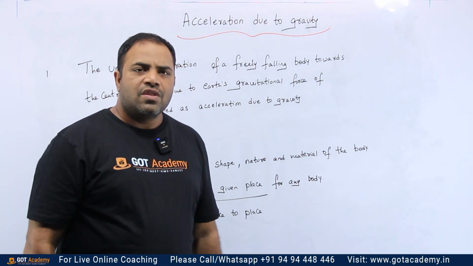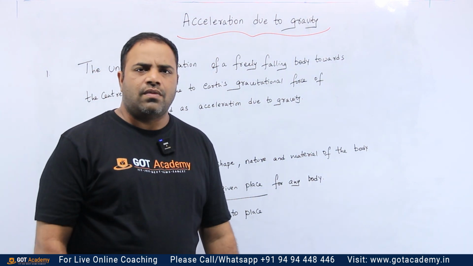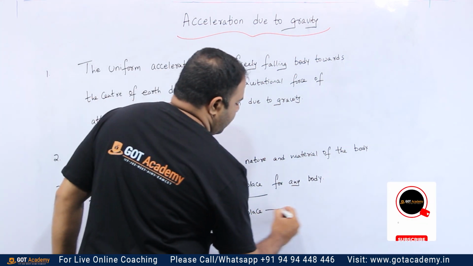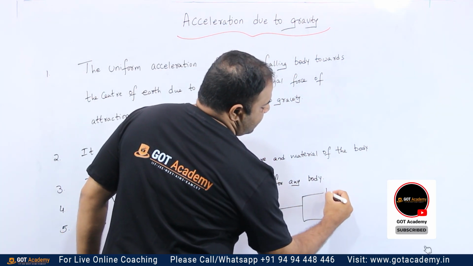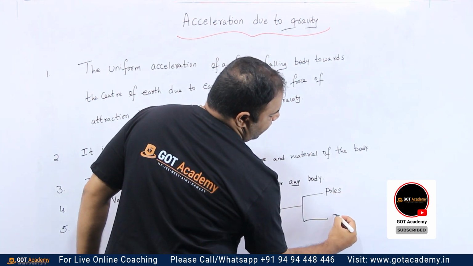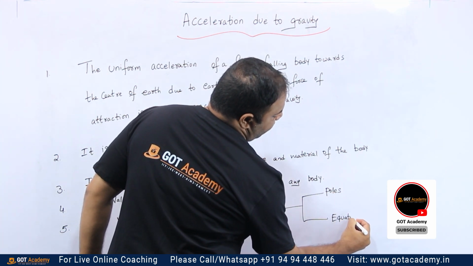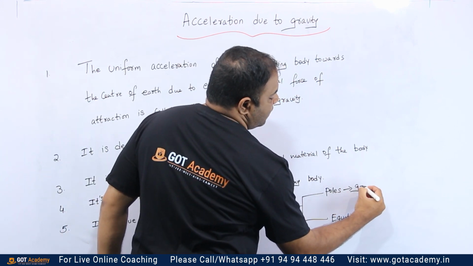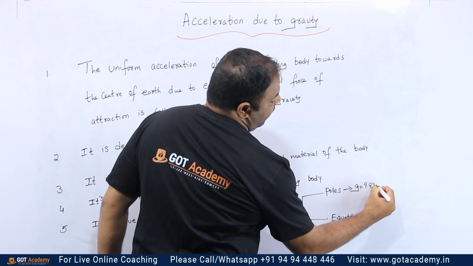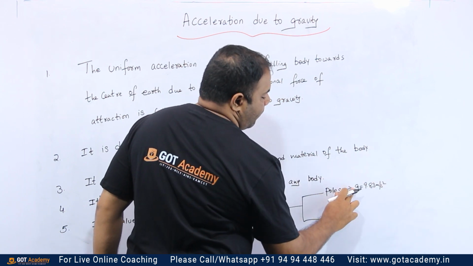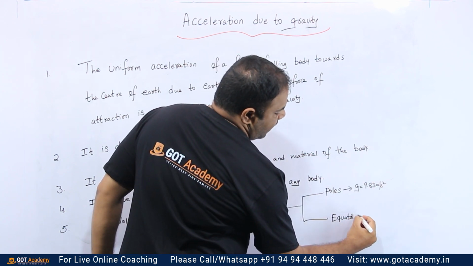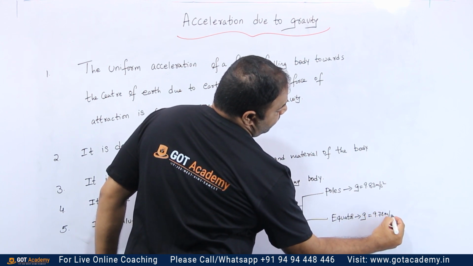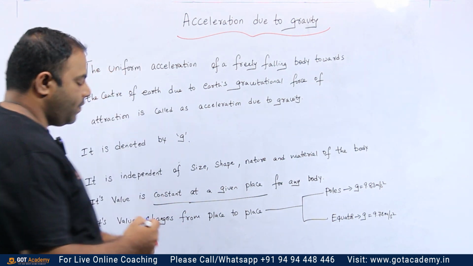So what are the places we are having on the surface of Earth? What are the types of places? So we are having two cases here. One is at poles and the other one is at equator. So the value of g at poles is equal to 9.83 meters per second square, whereas at equator the value of g is equal to 9.78 meters per second square.